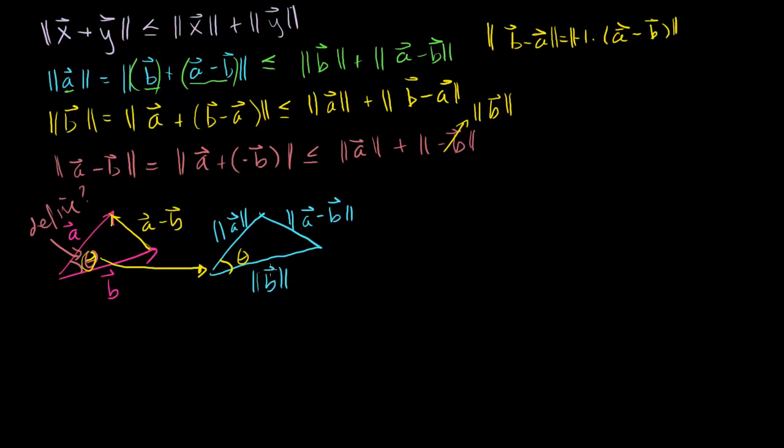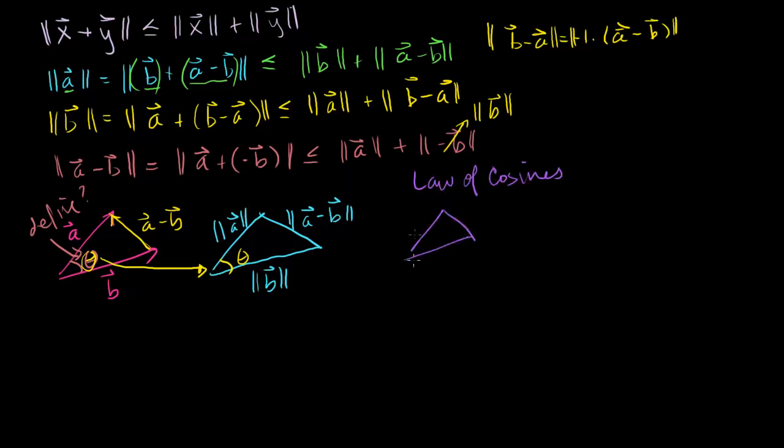Now, what can I do with this? Well, can we find a relationship between all of these things right here? Sure. If you remember from your trigonometry class, you have the law of cosines. I'll do it with an arbitrary triangle right here, just because I don't want to confuse you.